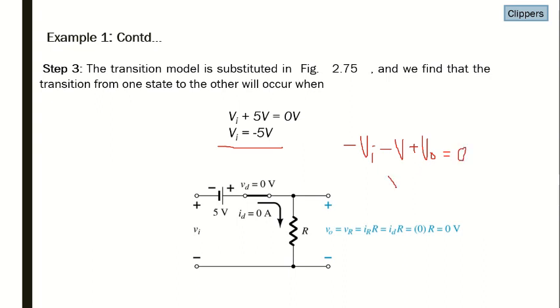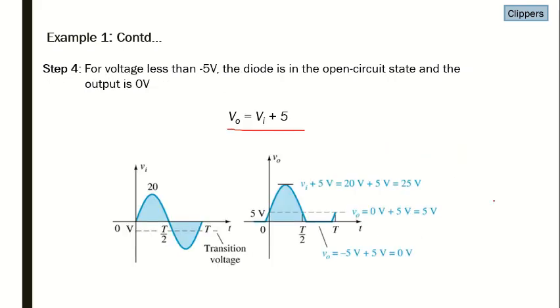So V naught is equal to Vi plus V. Because V is 5 volts, V naught is equal to Vi plus 5.